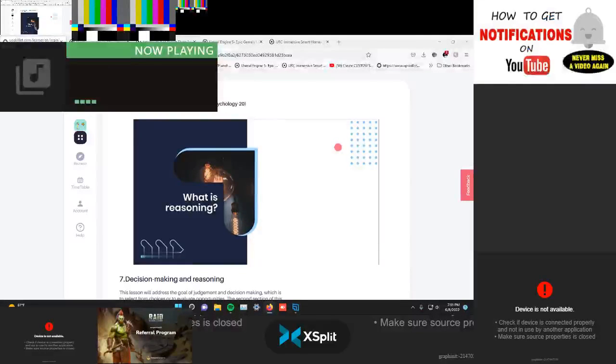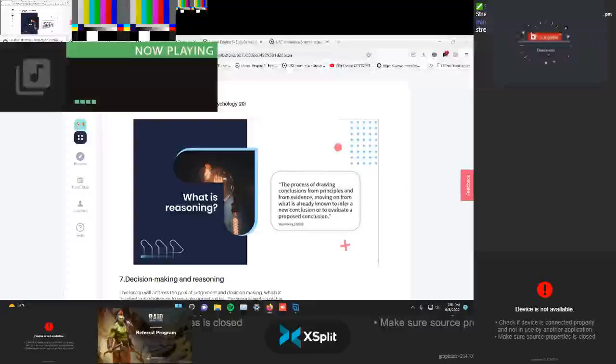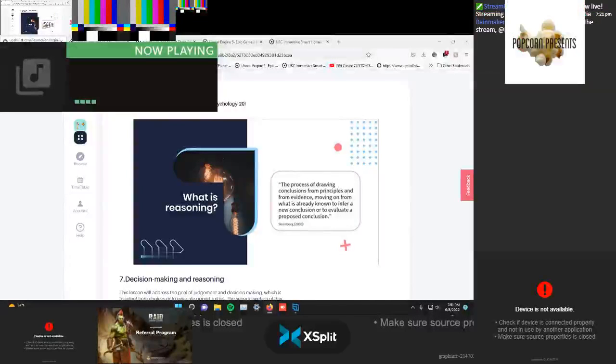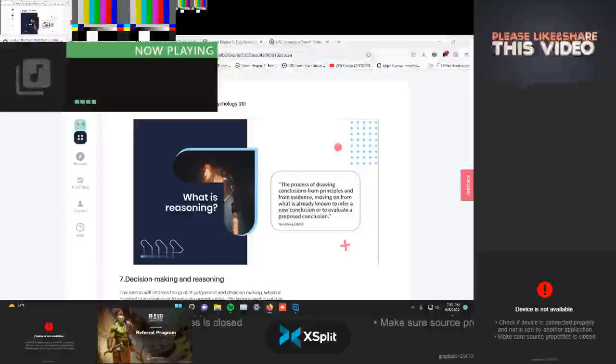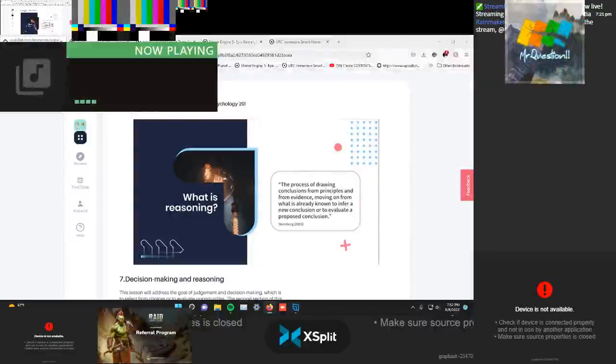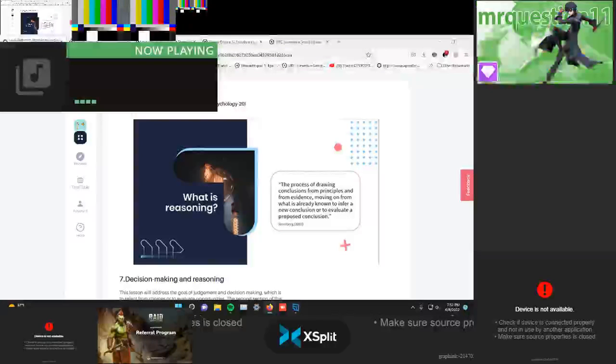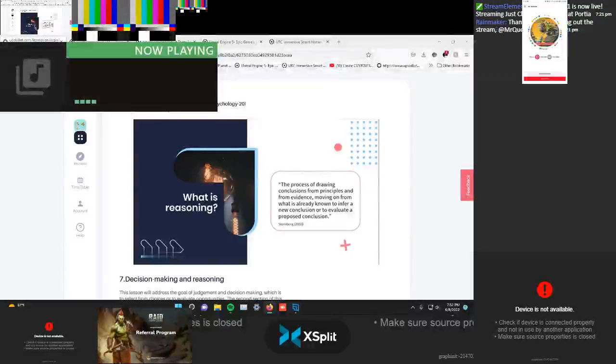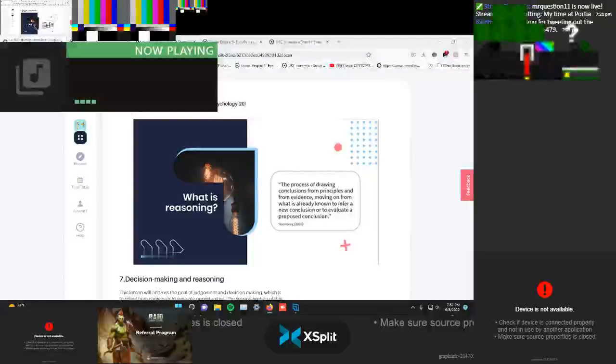Reasoning can be defined as the process of drawing conclusions from principles and from evidence, moving on from what is already known to infer a new conclusion or to evaluate a proposed conclusion.